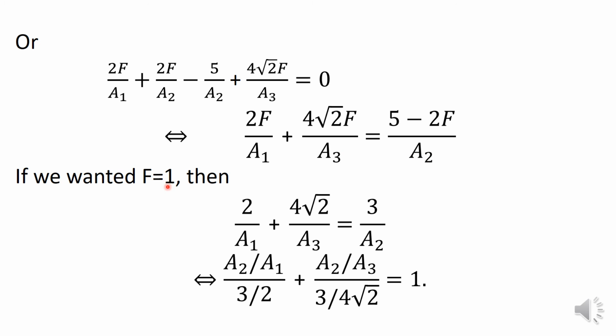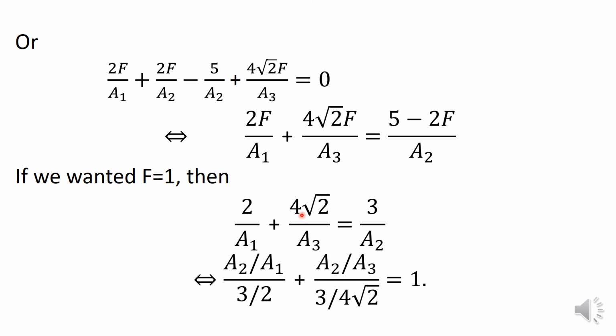Now if we wanted F equal to 1, alright, so here I am putting in the value of F. I'm not using this to calculate F because I'm just using arbitrary variables for A1, A2, A3. Suppose we wanted the F to come out to be 1, then replace F by 1 in the numerators here.